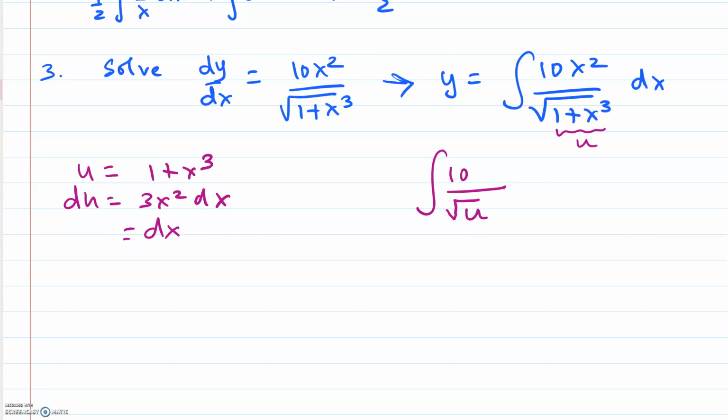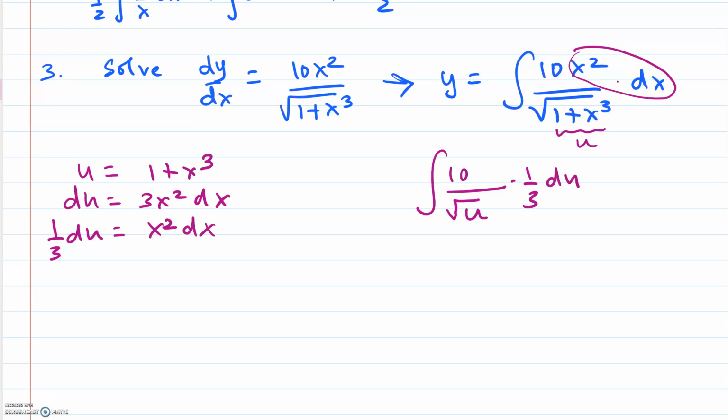Okay, so I will keep the 10 and combine the x squared and the dx together. So x squared dx will become 1 by 3 du. So x squared dx is 1 by 3 du. Pulling the constant outside, it will become 1 by square root of u du. So this is 10 by 3 integral u power minus half du.